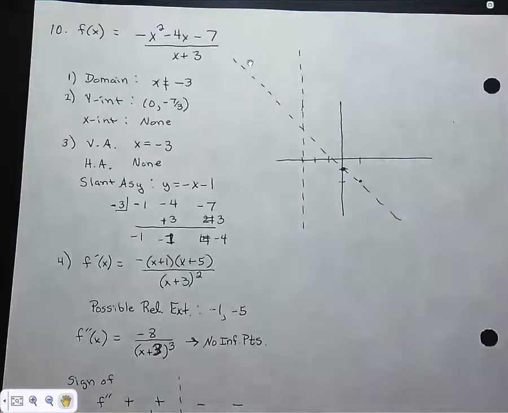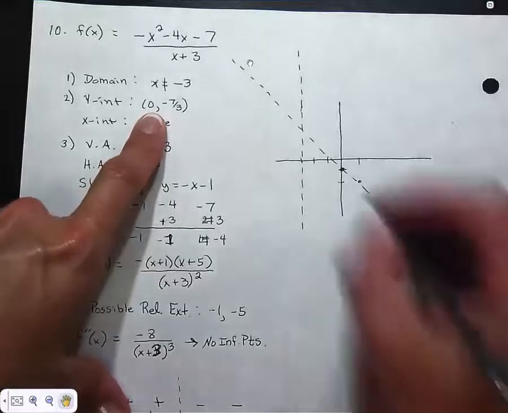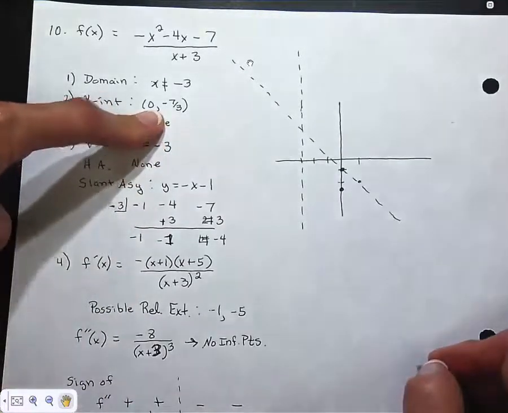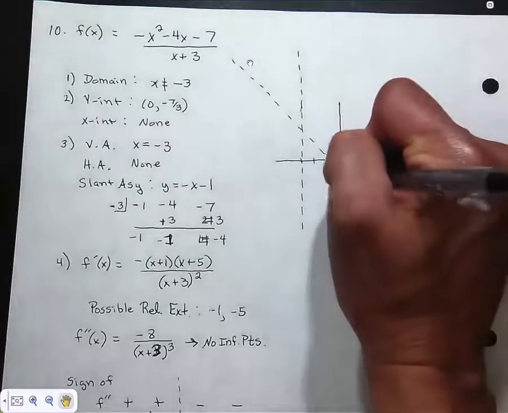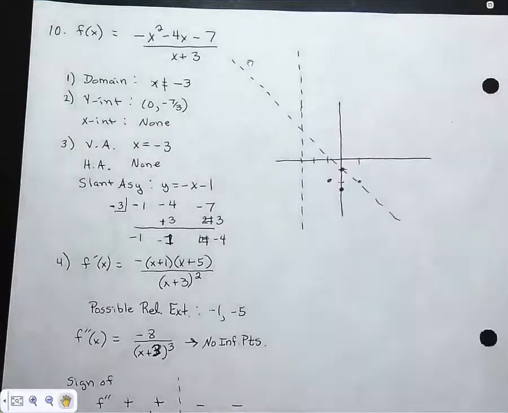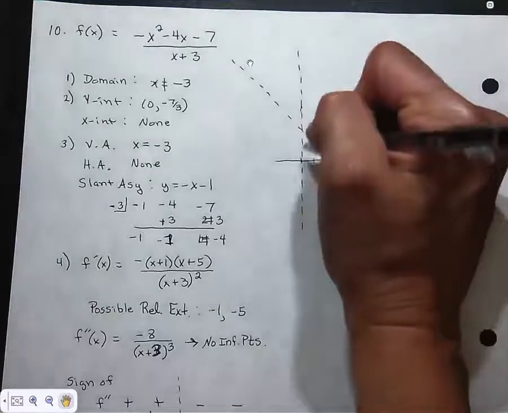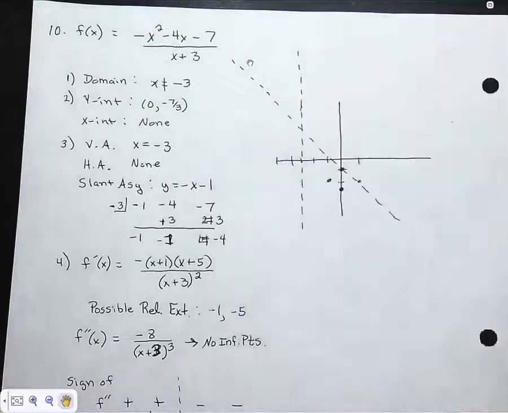Now, what points do we have? The y-intercept is a little below negative 2. What other points do we have? Relative max is negative 1, negative 2. Relative min is negative 5, positive 6.